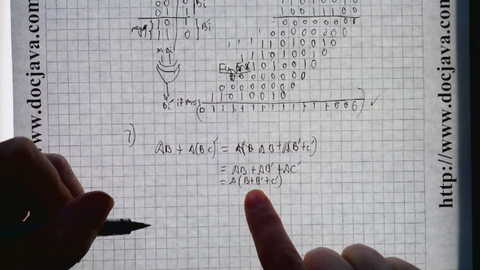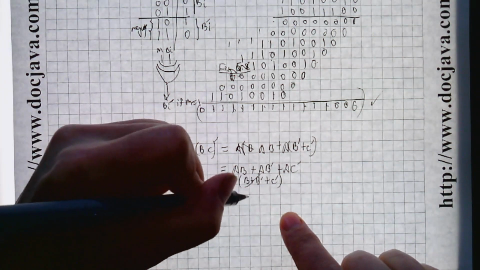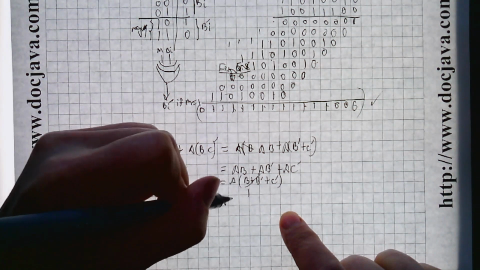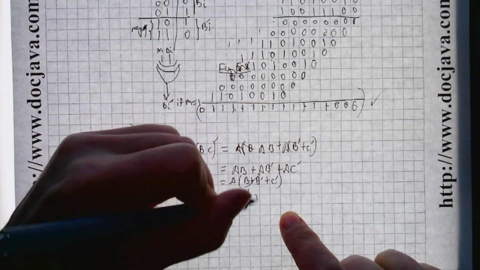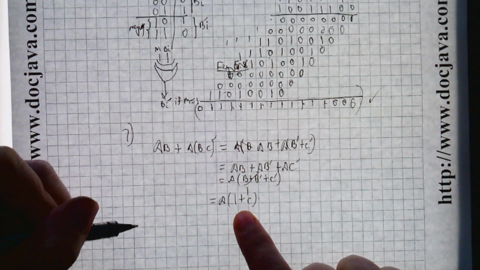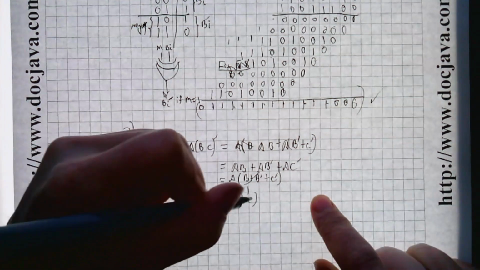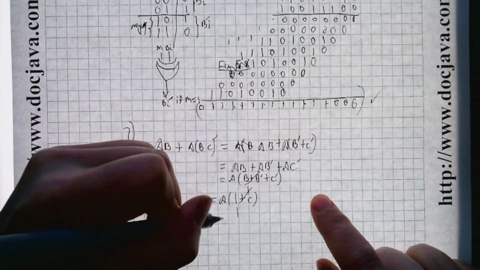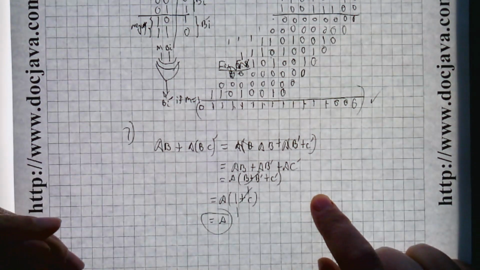What is B or B prime equal to? That is 1. So now I have A times (1 or C). What is 1 or C equal to? 1. So that goes to 1, and now it's equal to A, which is the correct answer.